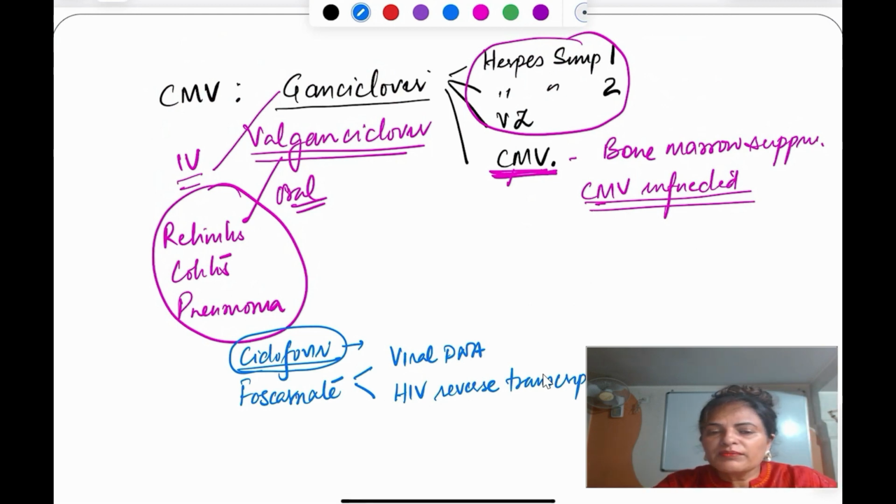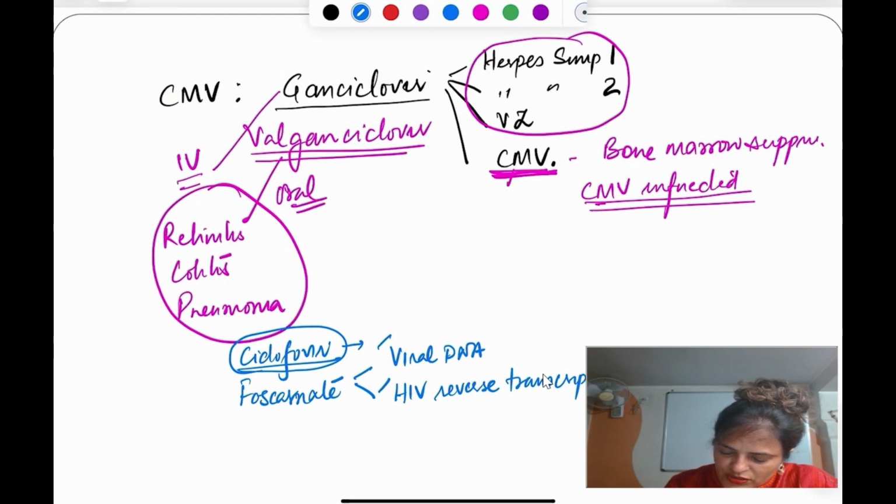It inhibits both of these directly. It is also effective against cytomegalovirus showing resistance to ganciclovir or valganciclovir, and against herpes simplex 1, 2 and varicella zoster showing resistance to acyclovir. So there we can use it.